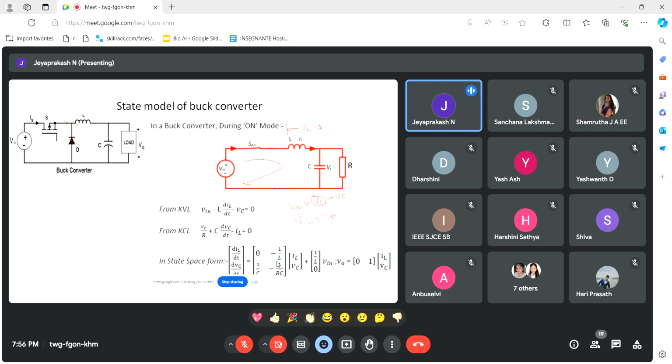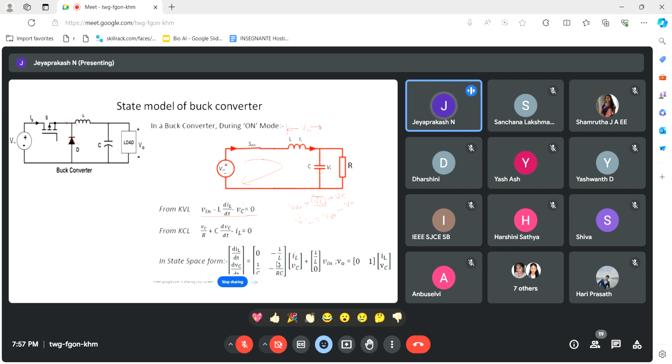So the voltage across the inductor is equal to the input voltage minus the voltage across the capacitor. Here the capacitor and the resistance are connected in parallel, so the output voltage, the voltage across the resistor, is equal to the voltage across the capacitor. We know that in a parallel circuit the voltage is the same.